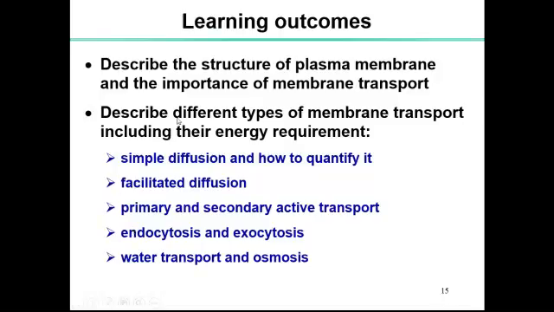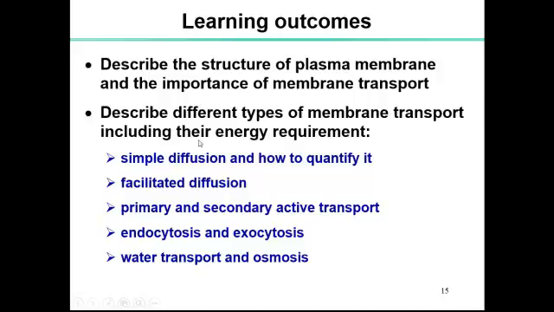So we have finished the three parts of membrane transport, and we started with the description of the structure of the plasma membrane and how important membrane transport is. We talked about the structure, what the backbone of the plasma membrane is and what's embedded, like the proteins, and how they contribute to membrane transport.